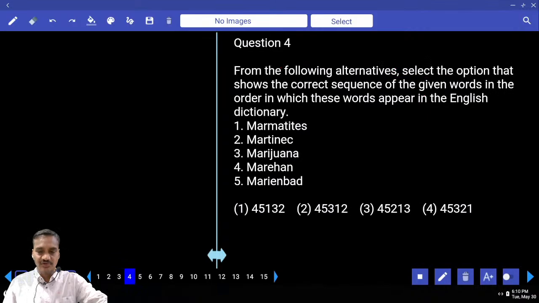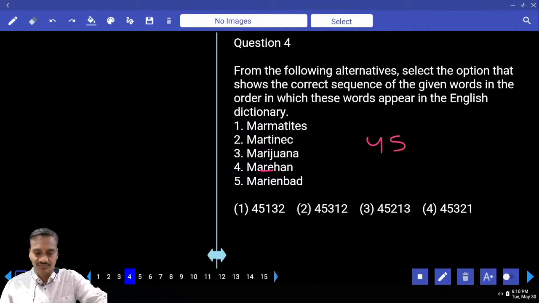The fourth one: we need to arrange all these words in dictionary order. Tell me which comes first here. M-A-R-E comes first, that is 4. After this 4, M-A-R-I, that is 5, comes next: 4, 5.